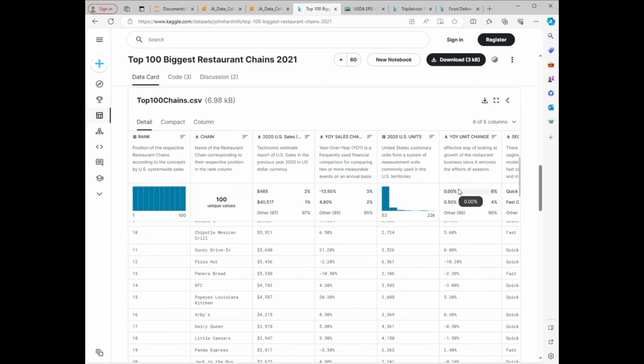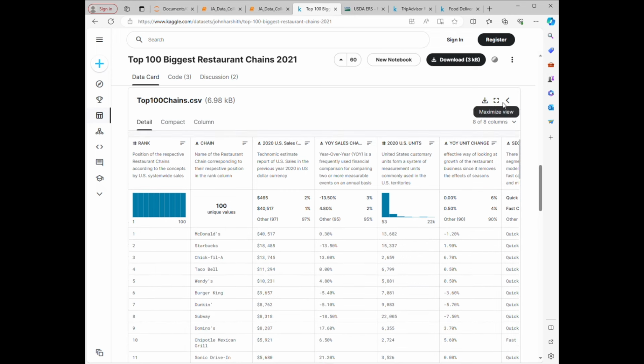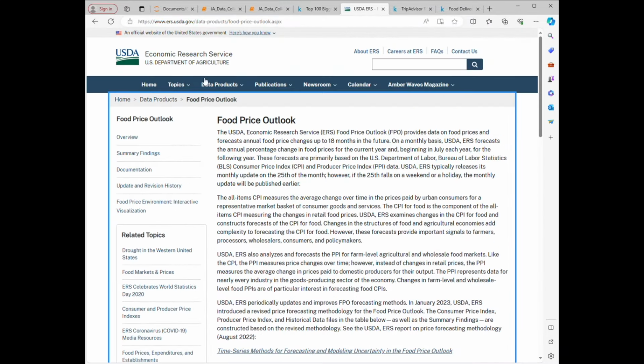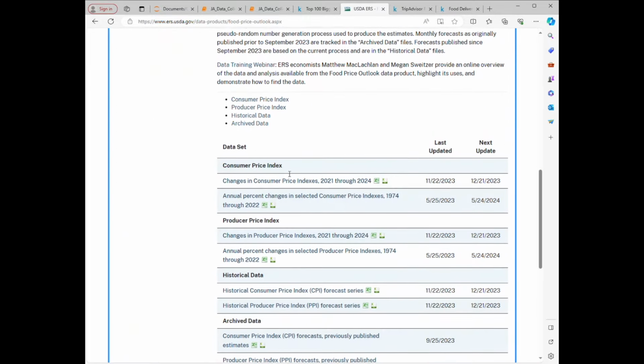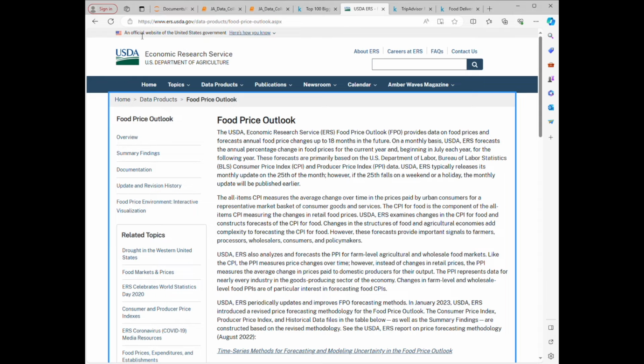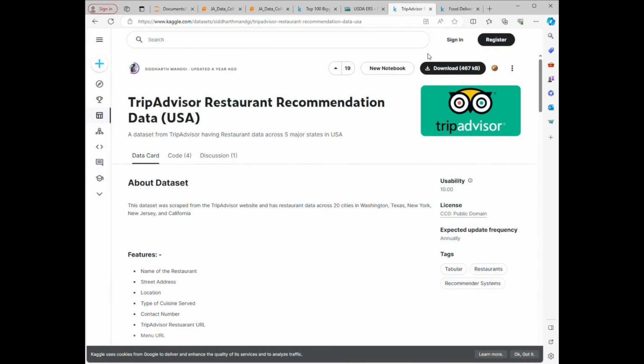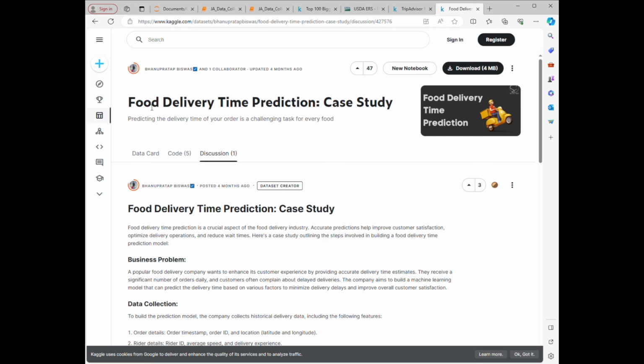The CPI forecast and the PPI forecast were retrieved via ERS USDA, which offered forecasts of the consumer price index and the producer price index, which were integrated into the base restaurant data. The TripAdvisor restaurant recommendation was retrieved via Kaggle, and it contained customer satisfaction data, specifically overall ratings from TripAdvisor.